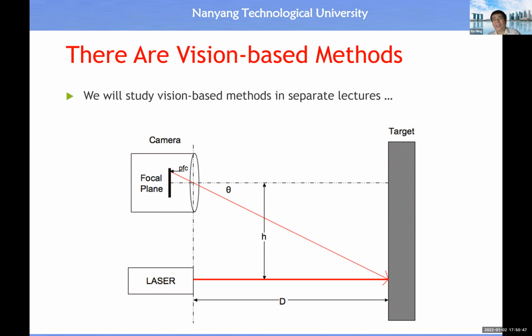We will study the vision-based method in a separate lecture. This is just for you to know, and you can treat this slide as an announcement about the future lecture, which will teach you the vision-based method for the measurement of position.